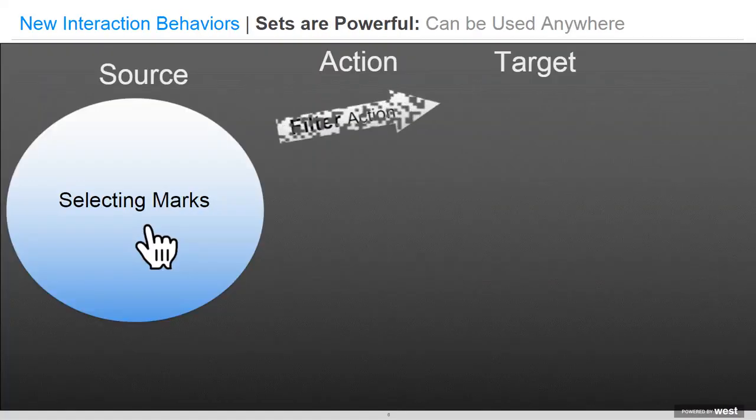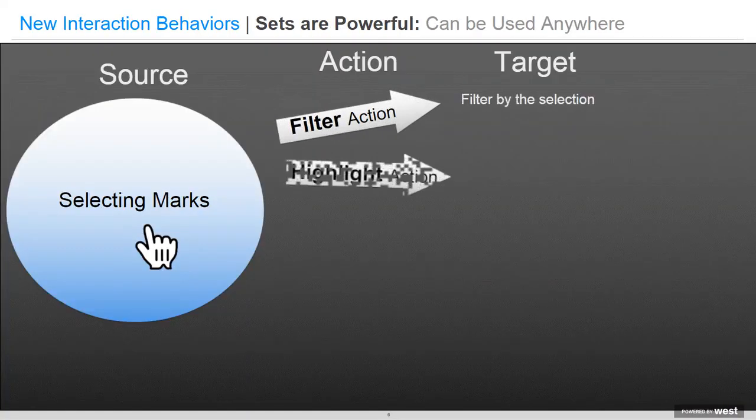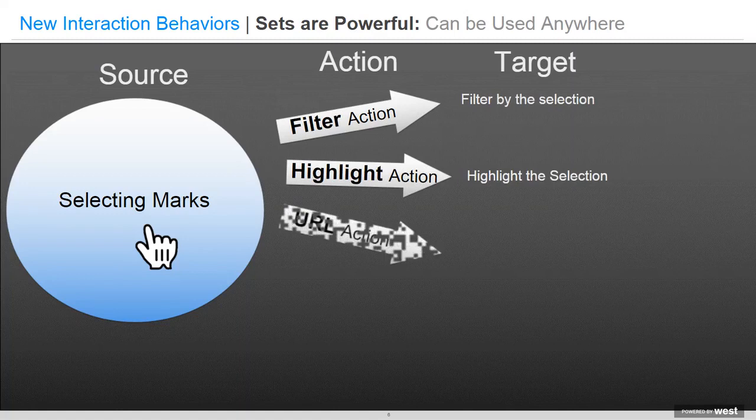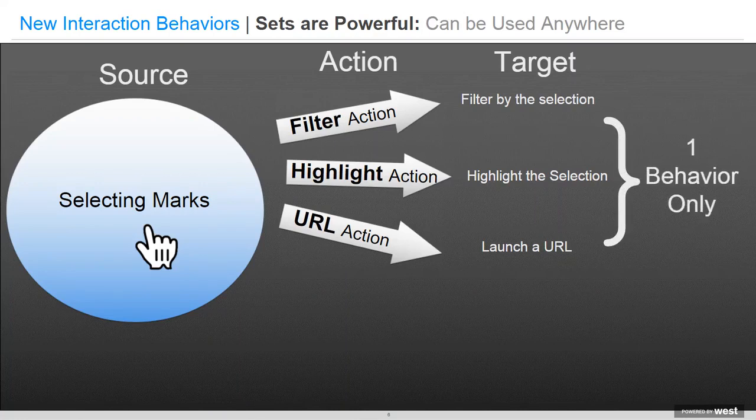And so now, if we get into the action part of set actions, prior to version 2018.3, there were three main dashboard actions that were available to us: filters, highlights, and URL actions. The thing that each of those three traditional actions have in common is they each just do one thing. A filter action filters, a highlight action highlights, and a URL action takes me to a URL.